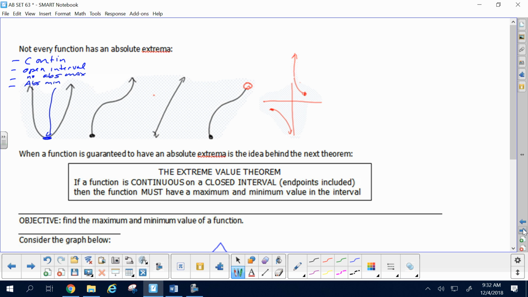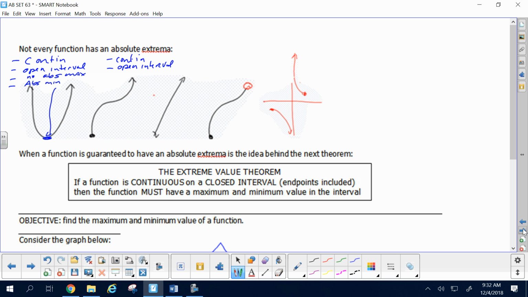Okay, now my point is that by looking at a few characteristics, you'll see when there has to be an absolute min and when there could be, but not necessarily has to be. This, I think you'll agree, is continuous. But it is still an open interval. I know it has an endpoint on one side, but it doesn't have an endpoint on both sides.